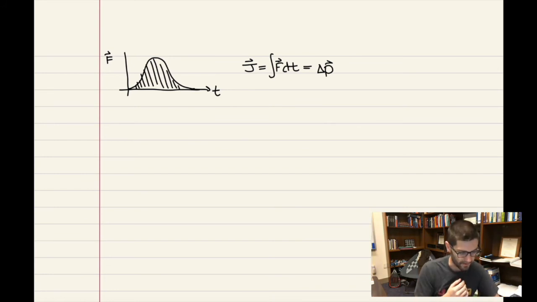Can I turn this into something where I do know some quantity? So what we could do is approximate the force, rather than being this ridiculous looking function, as if it were a constant. So I could approximate this force as being some constant value between the point of contact and the point of break.